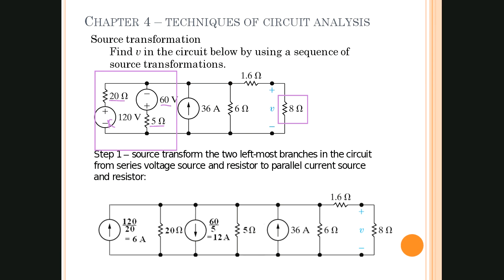And so what we can do is, by looking at that individual branch, and there's nothing else in that branch, we can actually convert that to a current source with a resistor in parallel. And so the way we do that is just isolate that branch, that 120 volts and 20 ohms, and say how much current would be flowing through that 20 ohm resistance. Using Ohm's law, we can find, and let me type this up here.